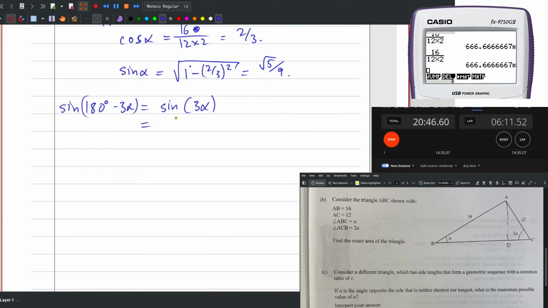So let's look up the formula sheet, right? Sine A cos B, so sine 2 alpha cos alpha. I know there's a proper way of doing it, but I just can't be bothered. I'll just rederive it. Plus cos 2 alpha sine alpha.